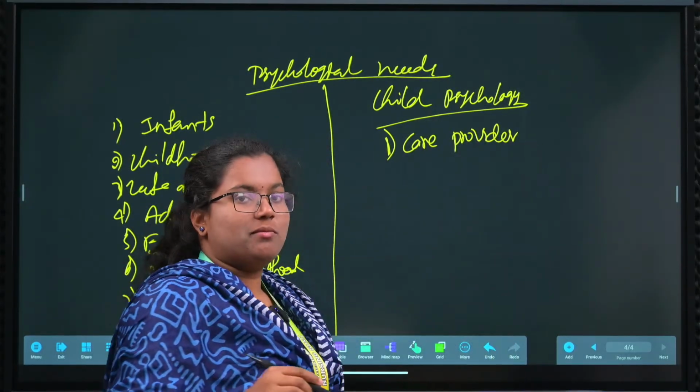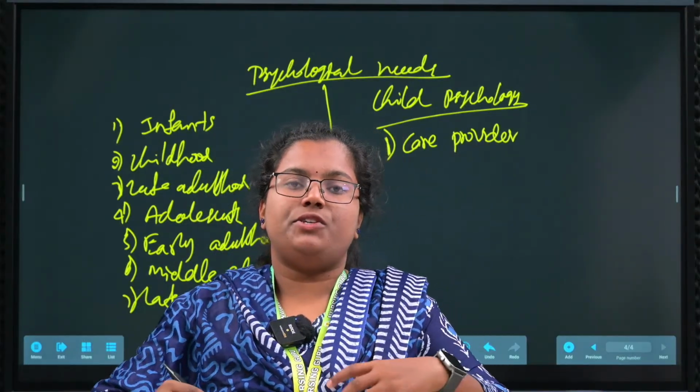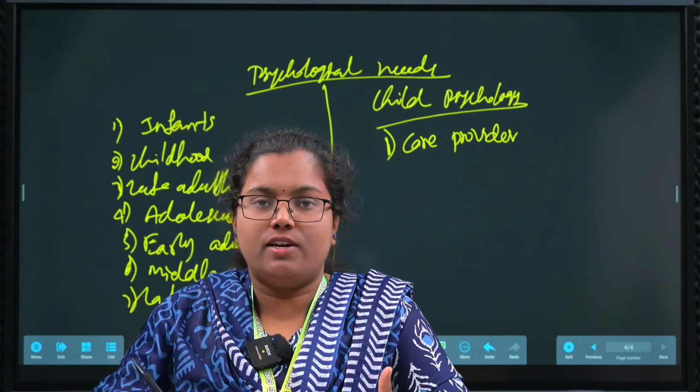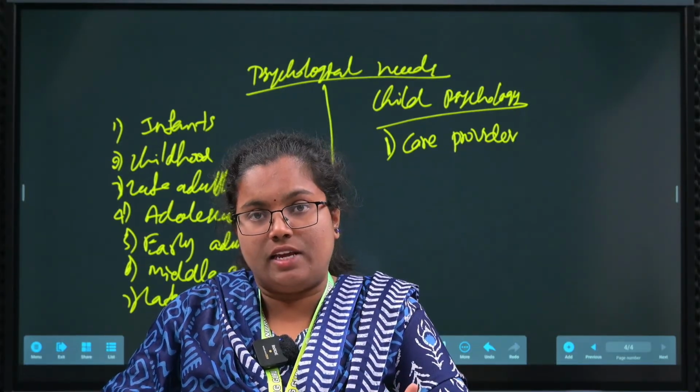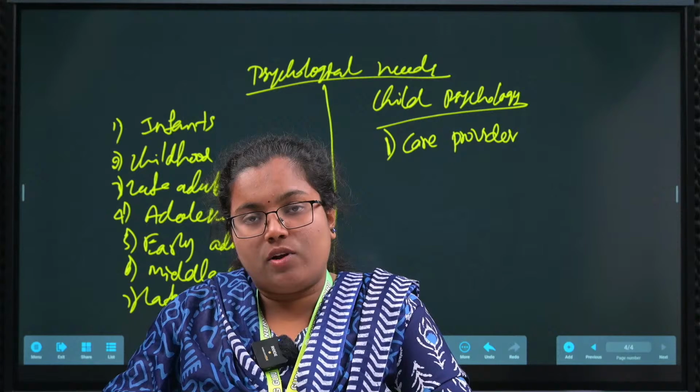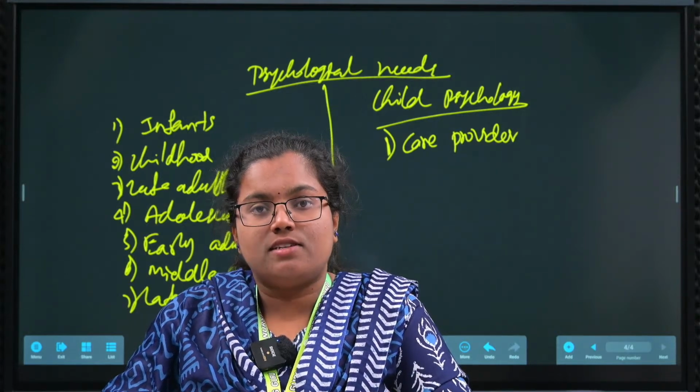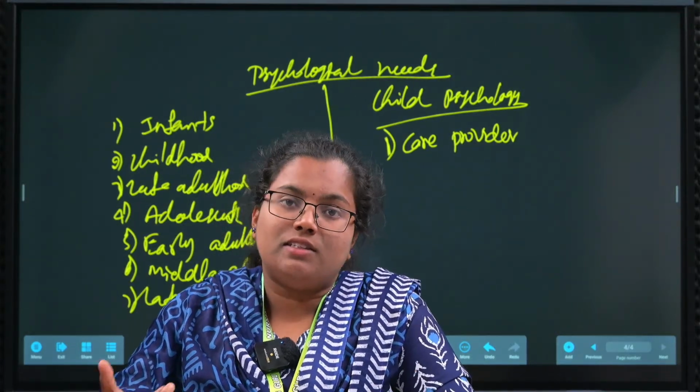Care provider means, as you know, the nurse has to give special care to the children. She has to take care of everything, like close monitoring, checking vital signs, feeding the baby, bathing the baby.